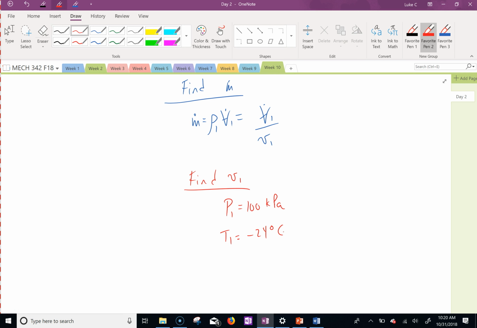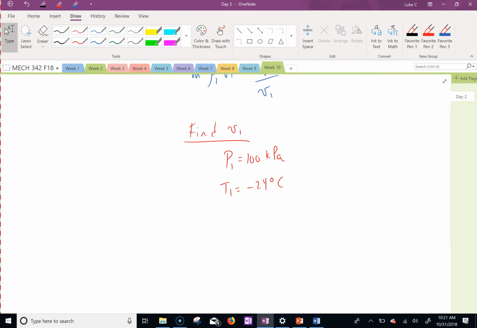Anyone remember what to do? Charts, but what do we need to look up on the charts? But we have pressure and temperature. We don't have v. We're looking for v. So we can't check that.